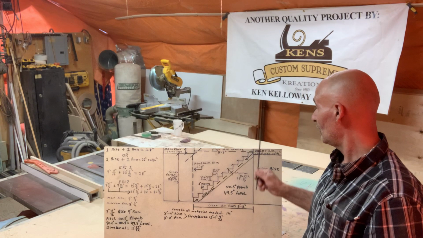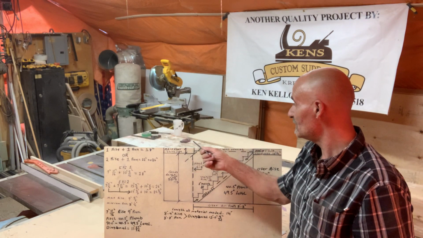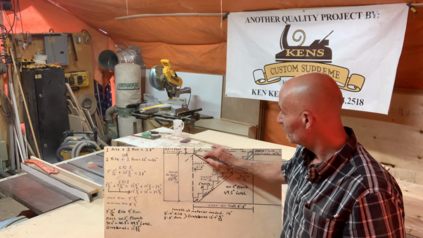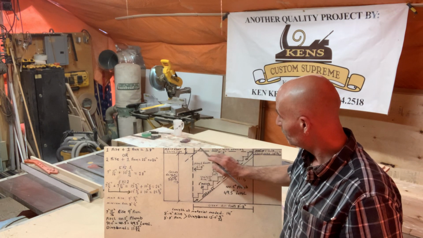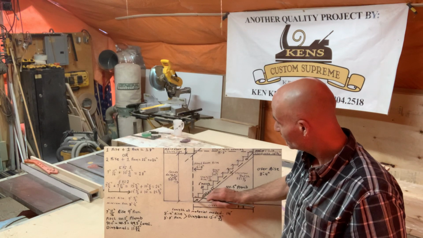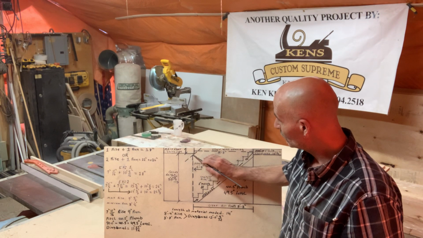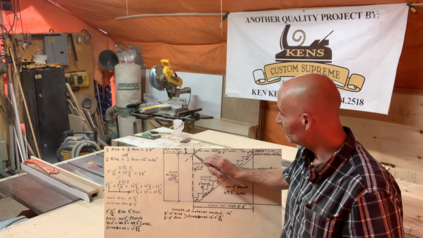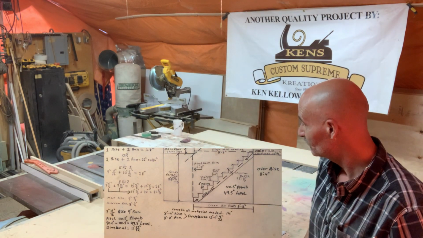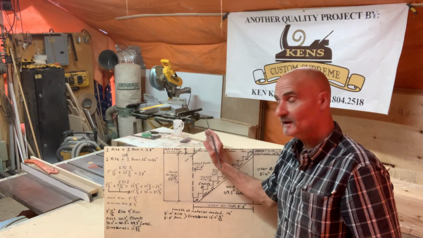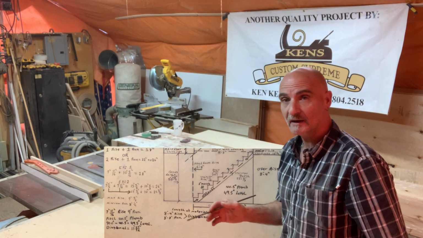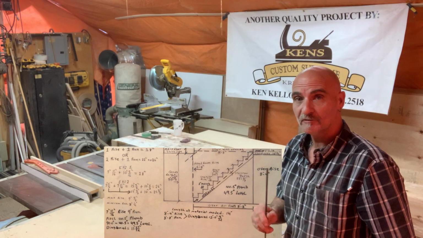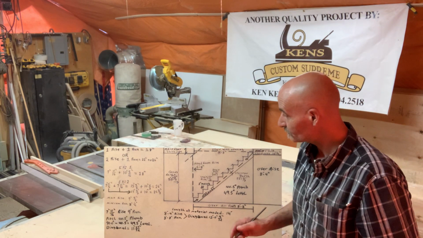Now in my case, I need 8 foot 8 inches because of this depth right here, and this sloping with the stairs, measuring off this point, will give me my 6 foot 8 inches, and I clear that point and I'm good. So I'm able to move that back, but a lot of times you're not going to be able to. So you have to be careful in your calculations.